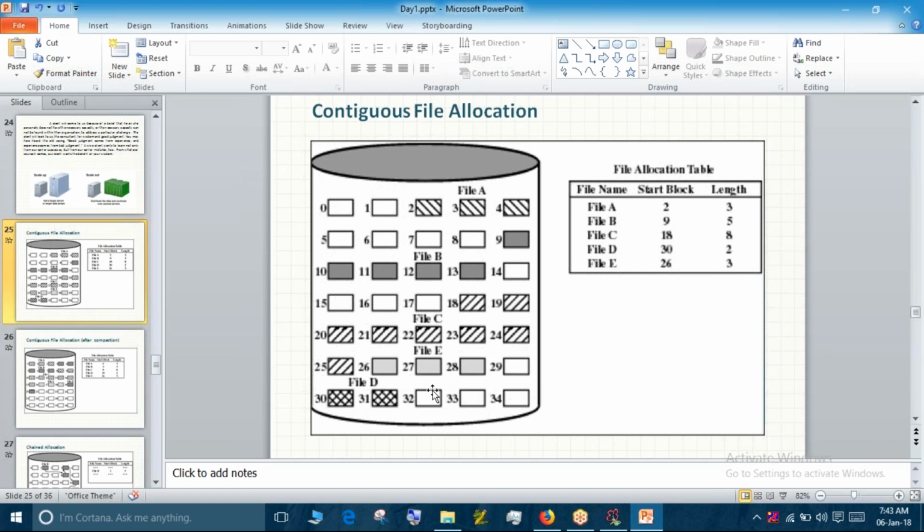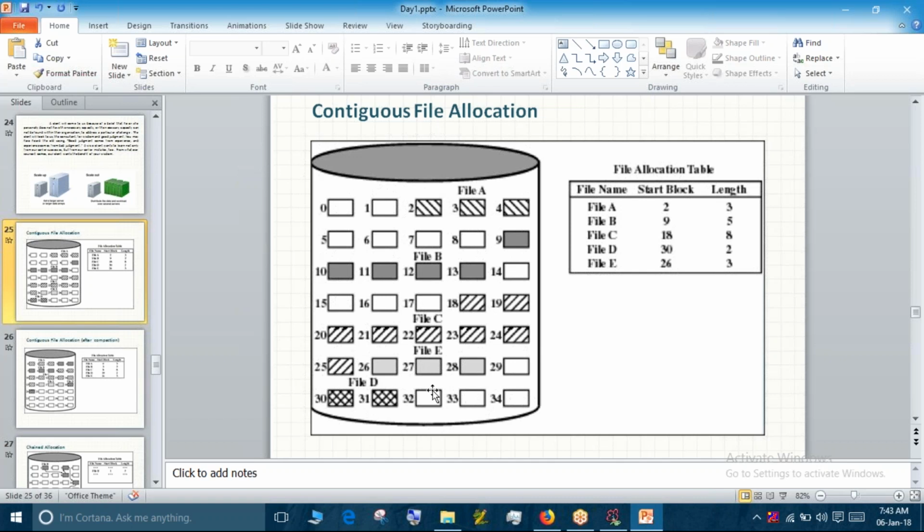Because maybe initially when you store it may happen, but in between I deleted some file. Again, at least the blocks will come in between, right? Maybe initially when you stored, all the files, I mean blocks indirectly, are continuous, but over a period of time, you will be deleting some files, adding some other files.